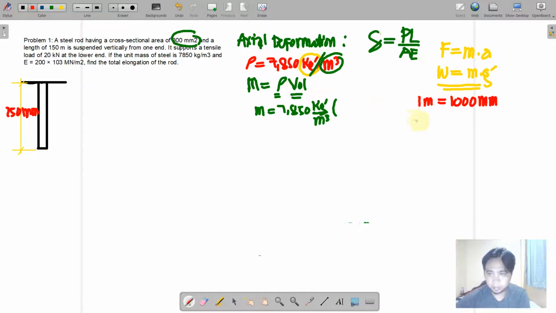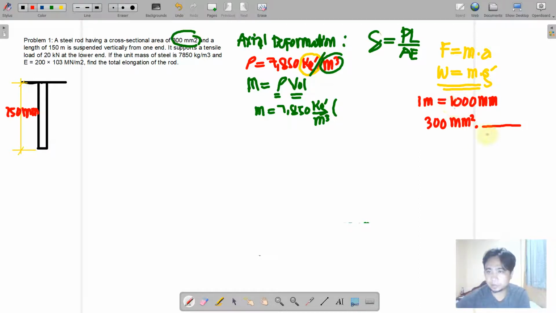Now the given here is 300 millimeters squared. We multiply this by a conversion factor containing a denominator of millimeter.